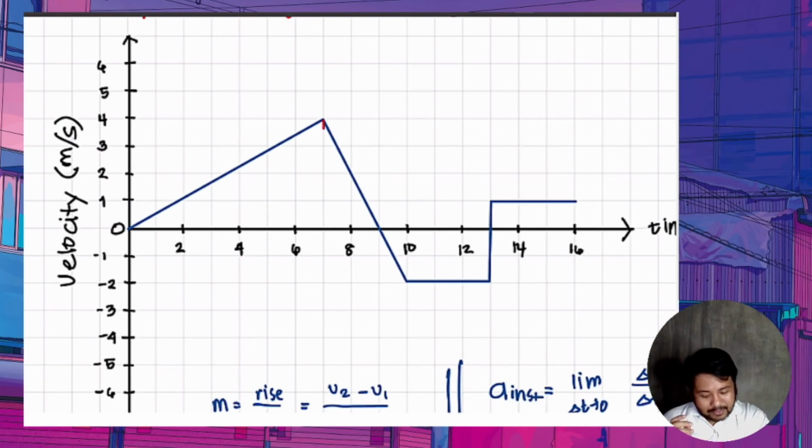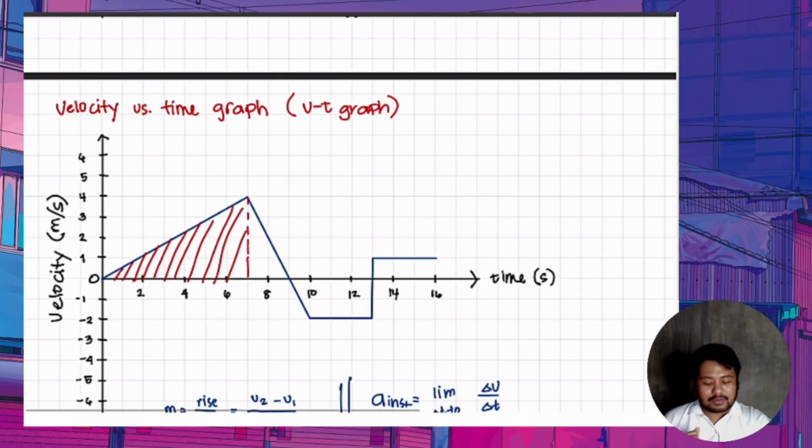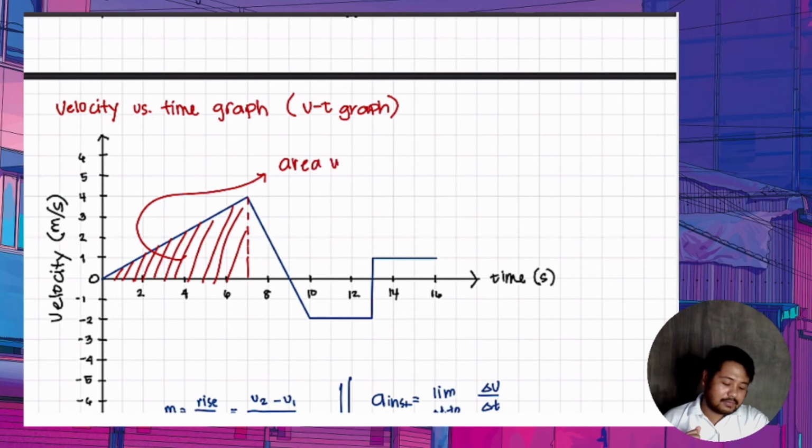So, papunta kay 7 seconds, kunin mo lang ang area na yan. And that area will give you the displacement. So, sulat ko lang dito. Area under the curve will give you the displacement in a given time interval.